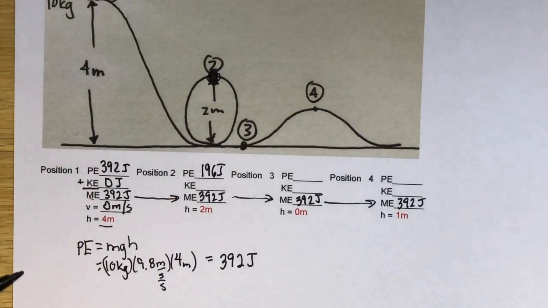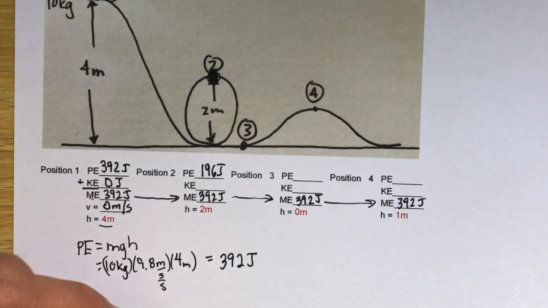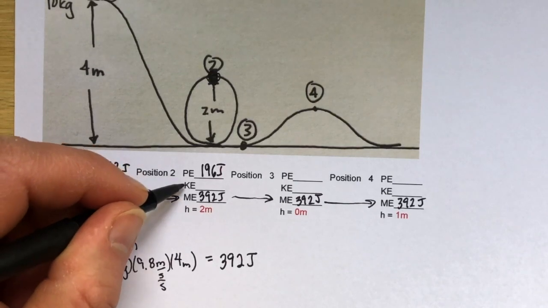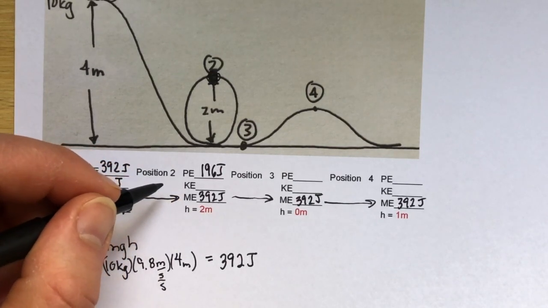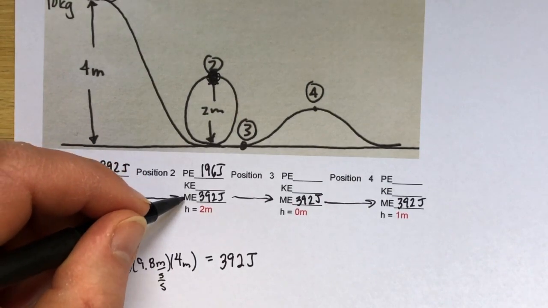joules. Okay. Now, to find kinetic energy, we do have an equation for that, and it's 1/2 mv squared. But we don't know the velocity here. So is there another way we can do that? And yes, there is. We can find the kinetic energy by knowing that the potential plus kinetic equals the mechanical.